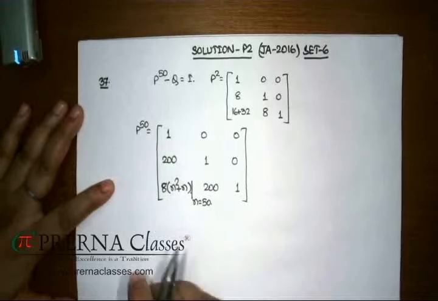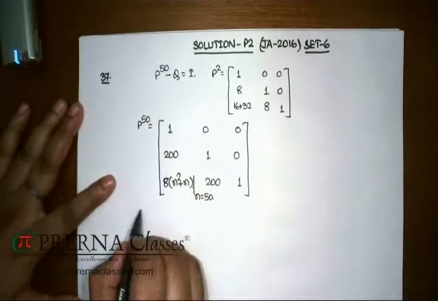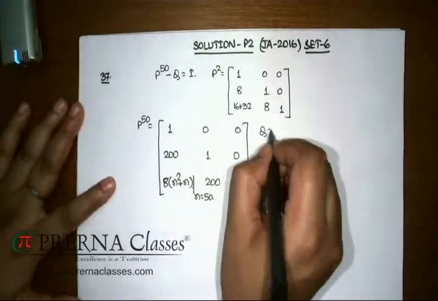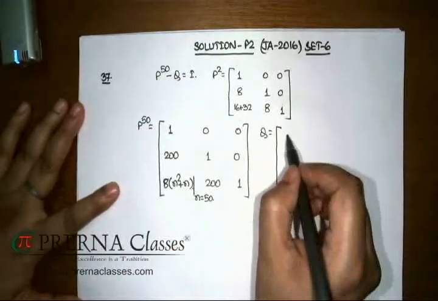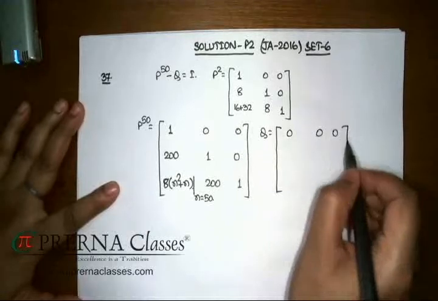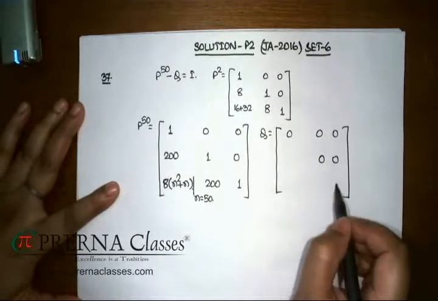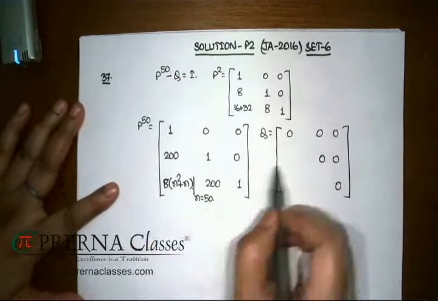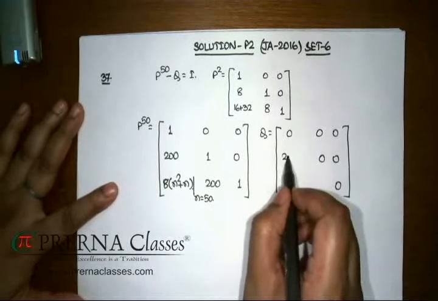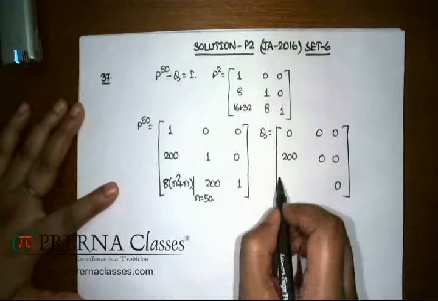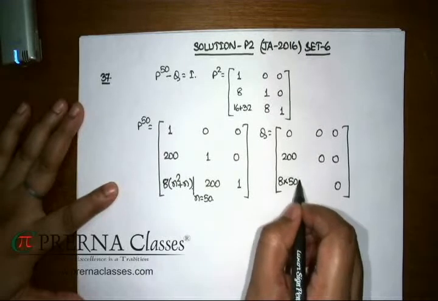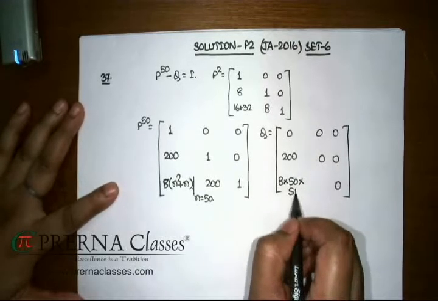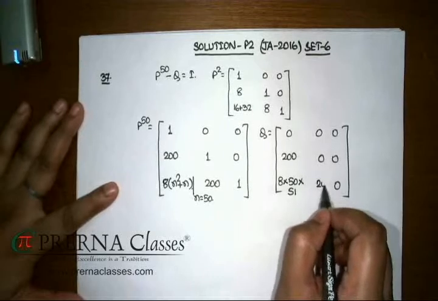By this then you can observe the matrix Q, which turns out to be P to the power 50 minus I. All these elements are going to be 0, and this particular element is then going to be 200. This one is also going to be 200. This is the matrix Q you have.